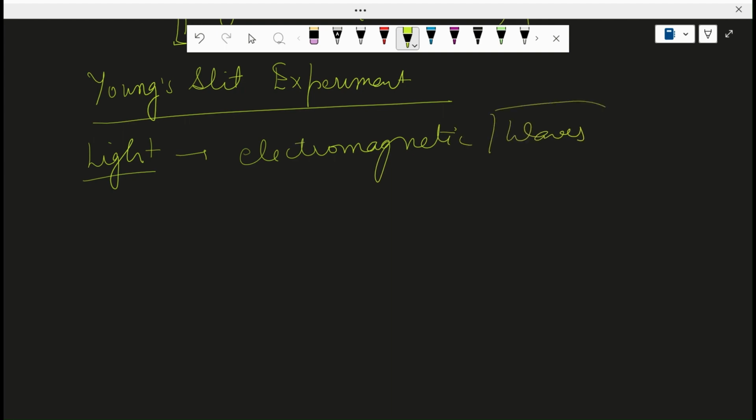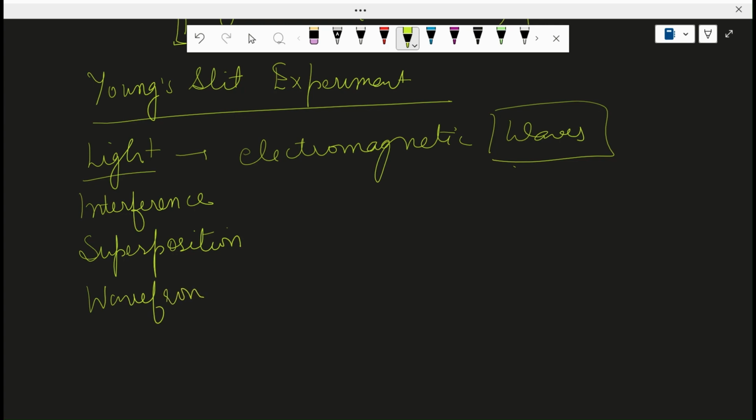So again, it is traveling as a wave, so we can consider it a simple wave for the time being. There are three very important terms related to the optical phenomenon, that is interference, superposition, and also you need to understand what a wavefront is.